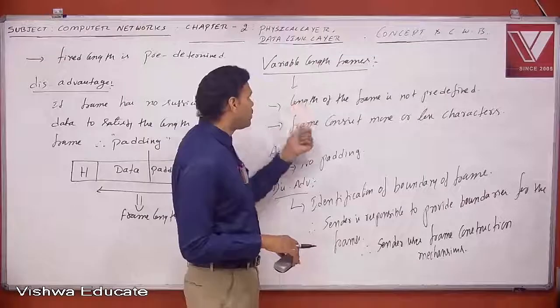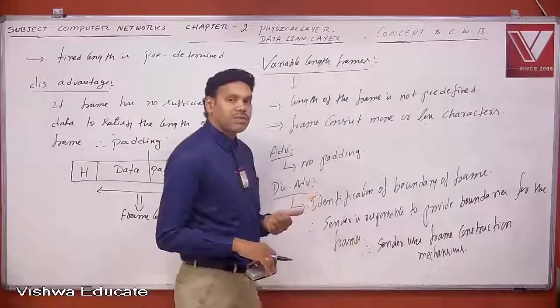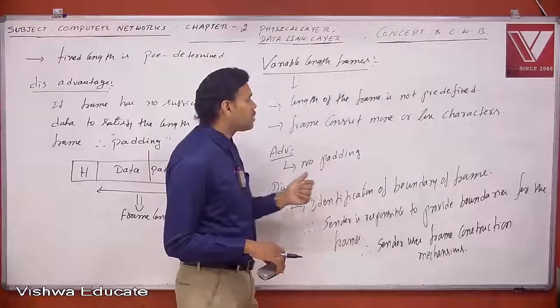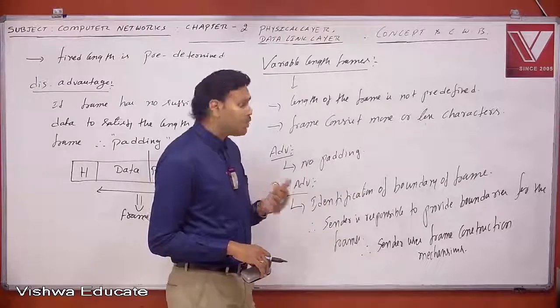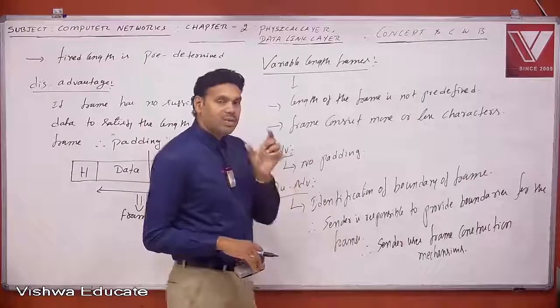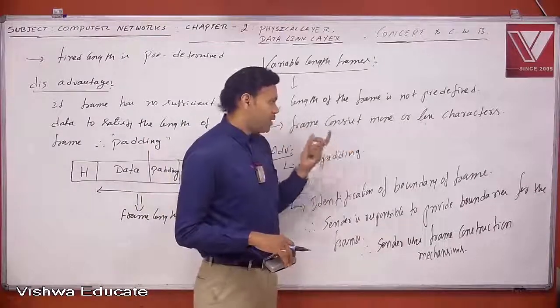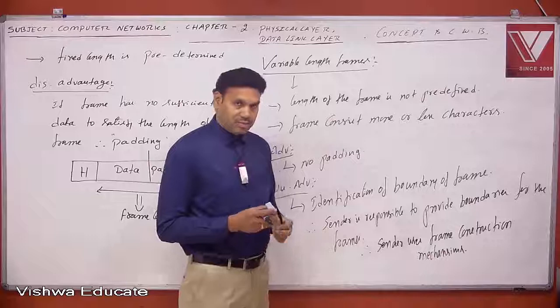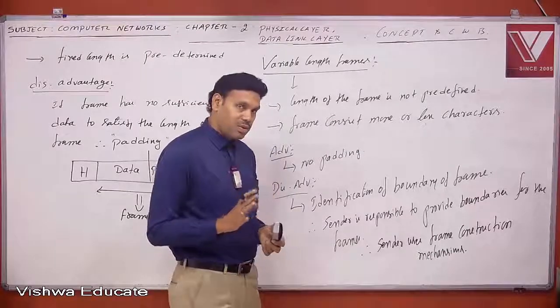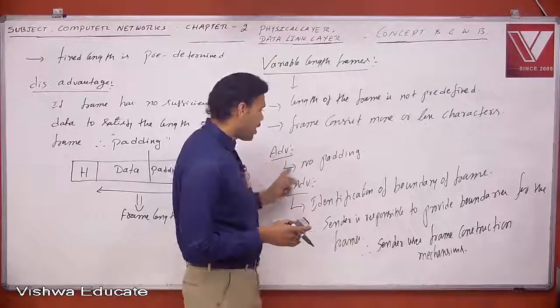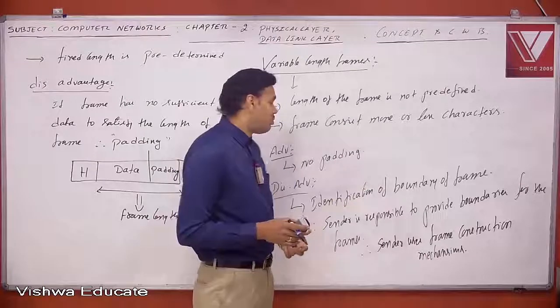To avoid that problem, we are going to see the concept of variable length. There is no concept of padding, because here we are going to see only data. A frame may consist of more characters or fewer characters because the length of the frame is not defined here. The advantage is no padding. But what is the problem?